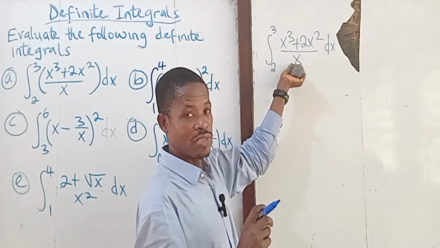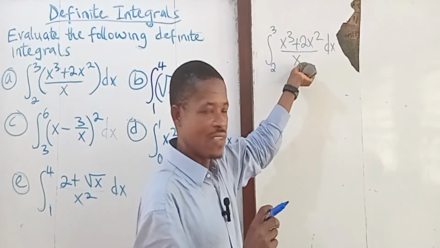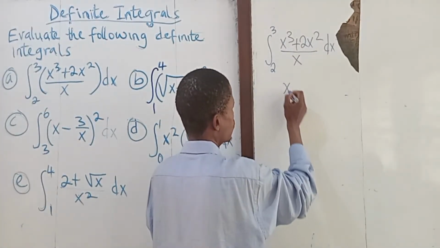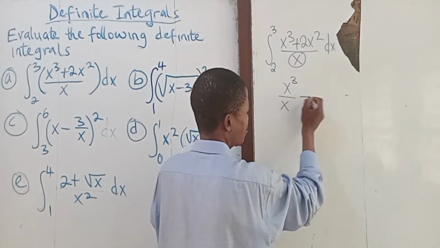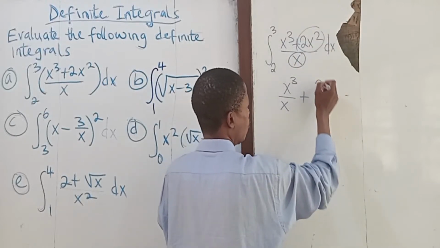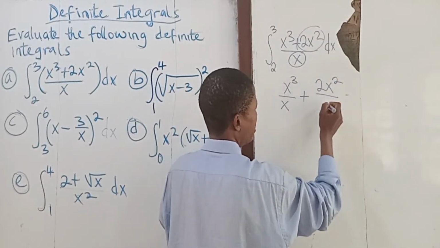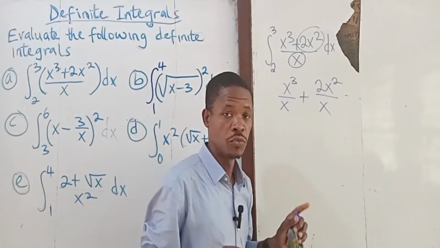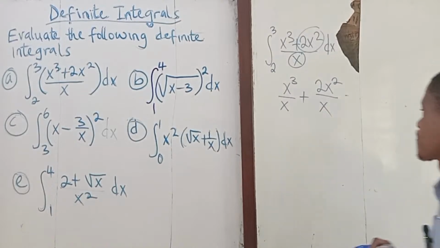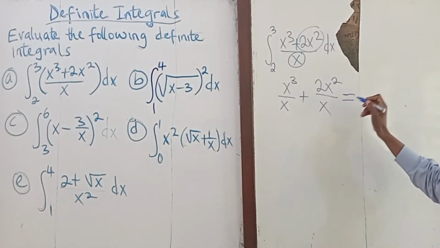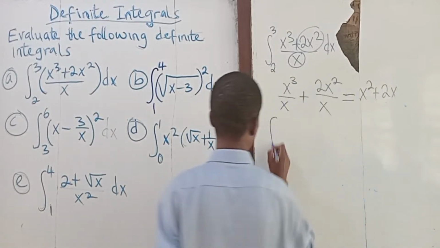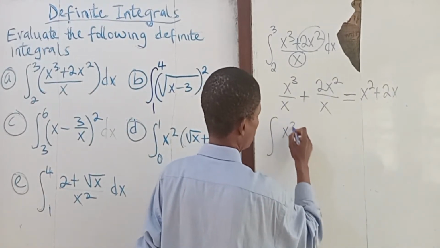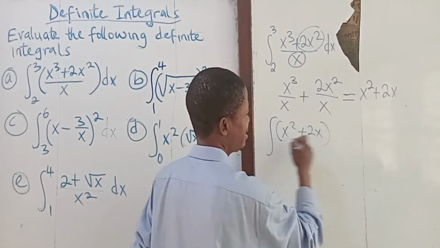It implies x cubed over x, and then plus 2x squared over x. That's the first thing to do, to take care of the algebra. That will give you x squared plus 2x. Then after that, you can introduce your integral sign, and that will be the integral of x squared plus 2x, open and close the brackets.